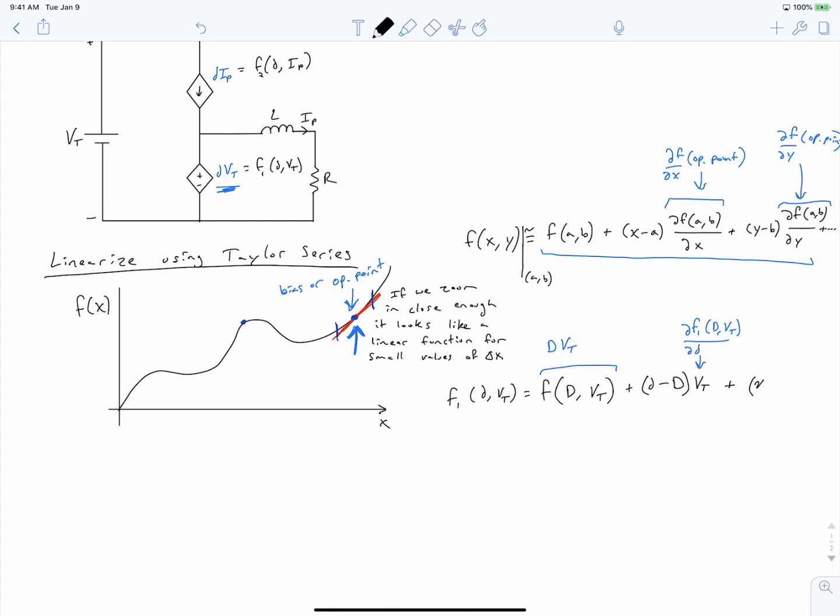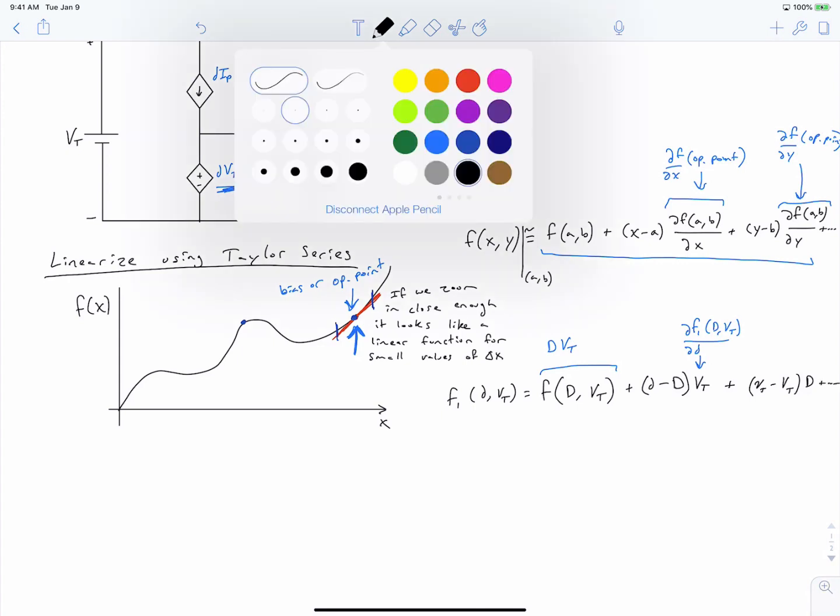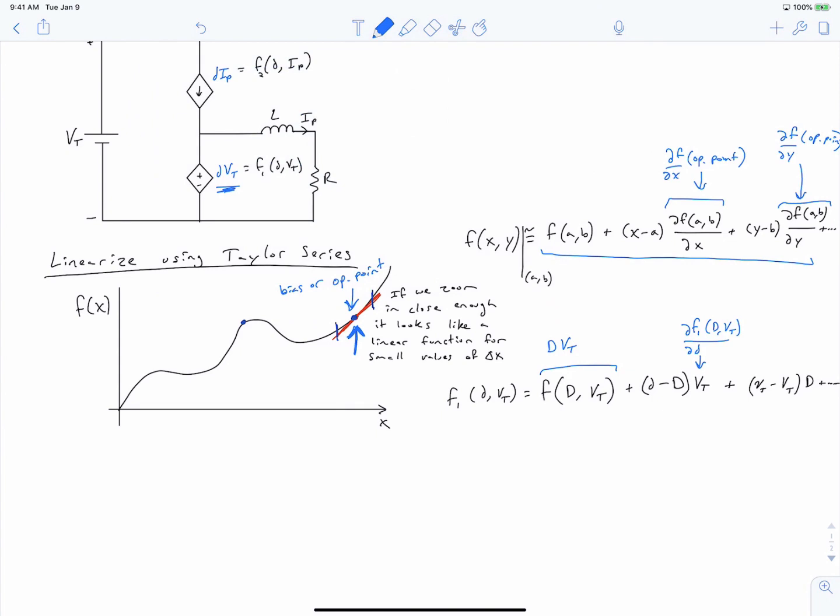And then we can do the same thing for our second term. And then we have these higher order terms which we're going to neglect. We're going to neglect them because we want to have only the linear terms. We want just our linear approximation. And similarly, capital D is the partial derivative of F1 evaluated at d and Vt with respect to Vt.